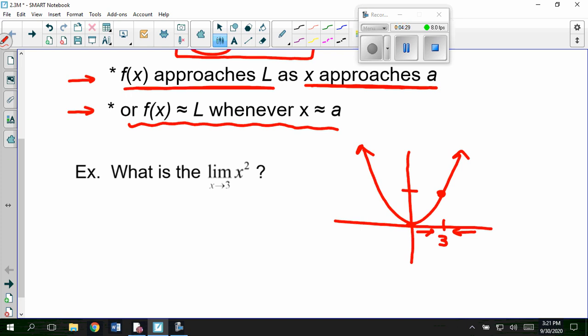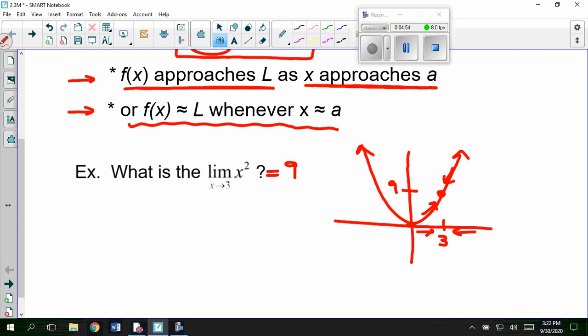In this case, we're very straightforward because we go in the y direction toward that same value of 9, because that x squared function gives us a y value of 9 at 3. So this limit is simply equal to 9, with the approach from both sides going towards that 9 value.